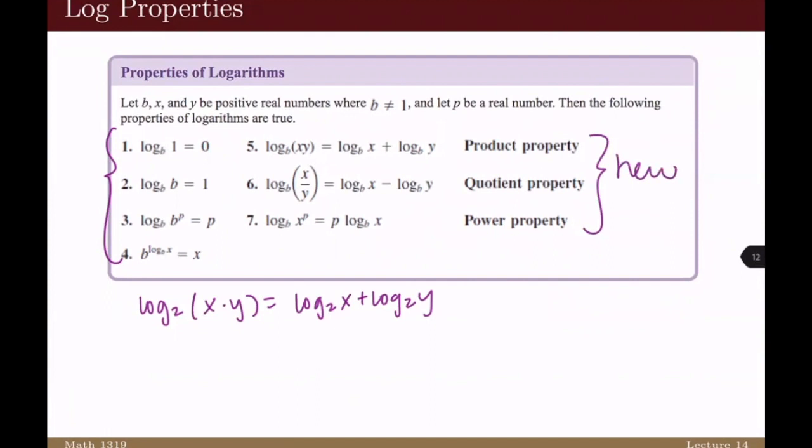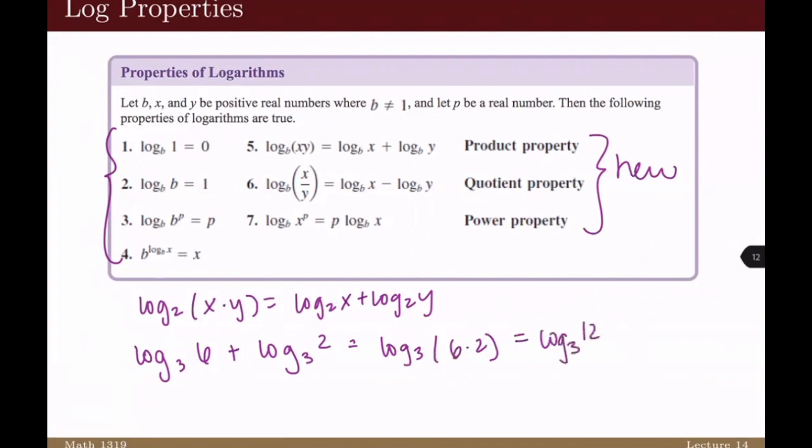If you had, for example, log base 3 of 6 plus log base 3 of 2, this would be log base 3 of 6 times 2, which is equal to log base 3 of 12. So you see you can go either way, right?